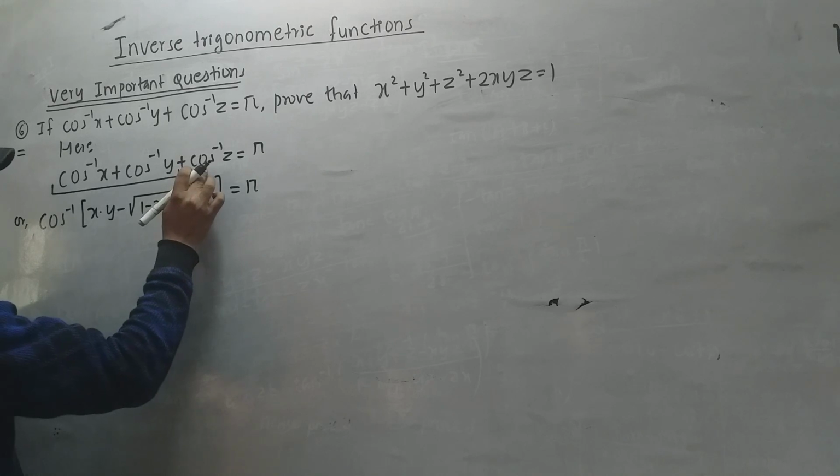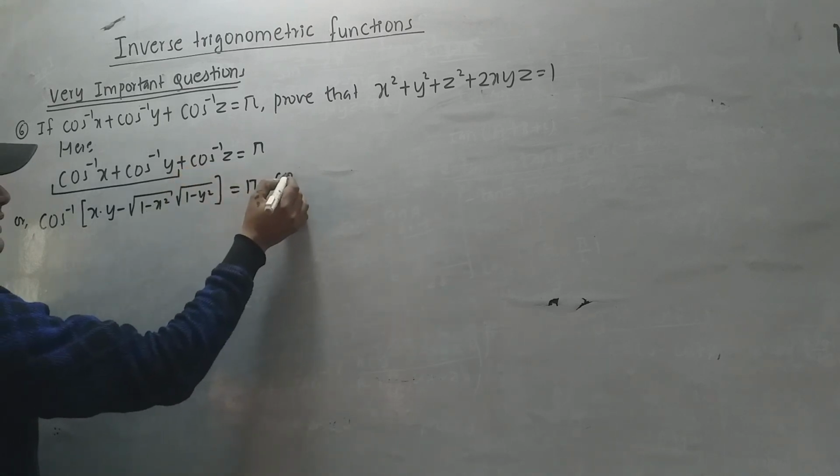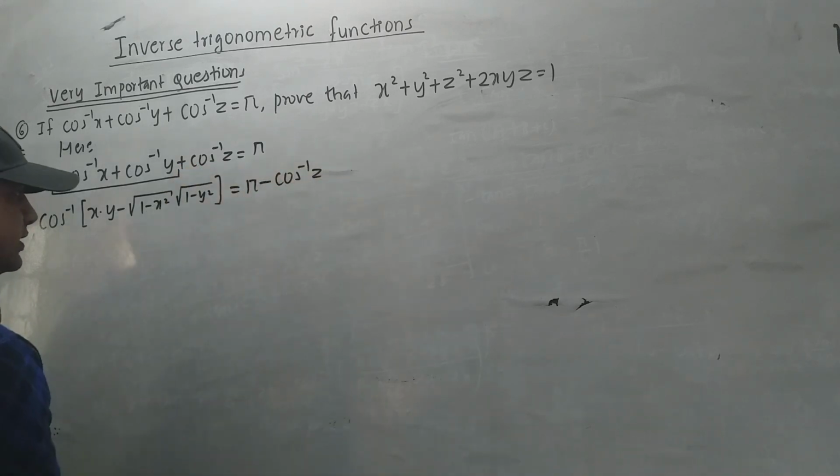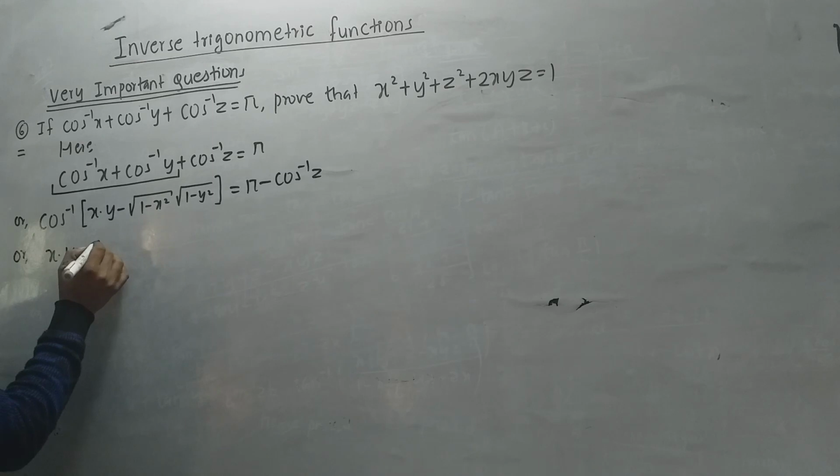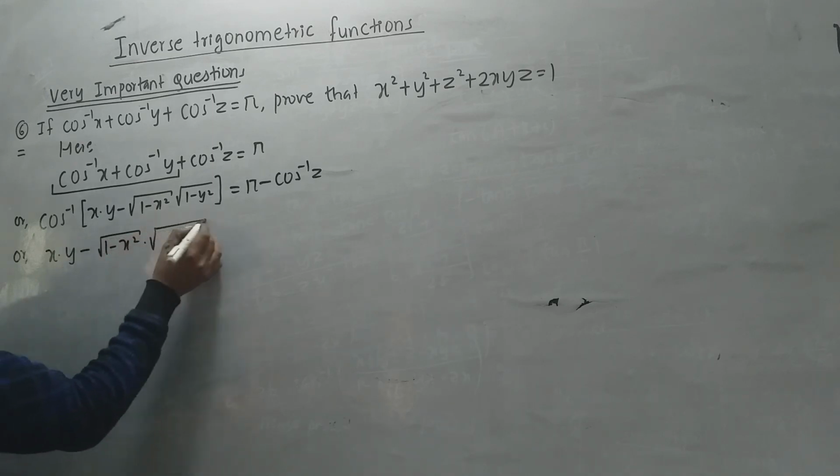This plus cos inverse z, you take it here, minus cos inverse z. After that, this cos inverse you can take to the right hand side. So now you write here x times y minus under root of 1 minus x square times under root of 1 minus y square.